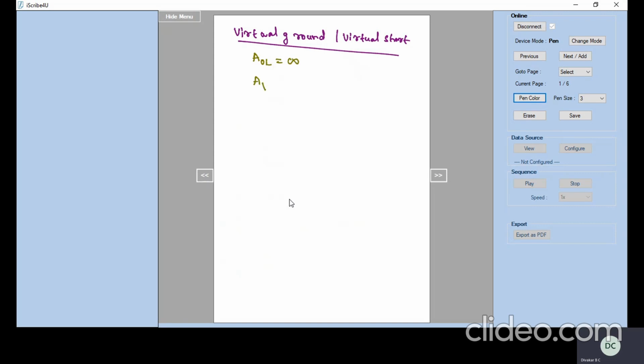But the voltage gain is defined as the ratio of output voltage by input voltage, that is V naught by VD. What is VD? It is the differential voltage, that is the difference between the voltages applied to the input terminals of an operational amplifier.